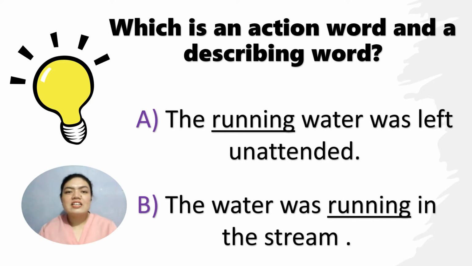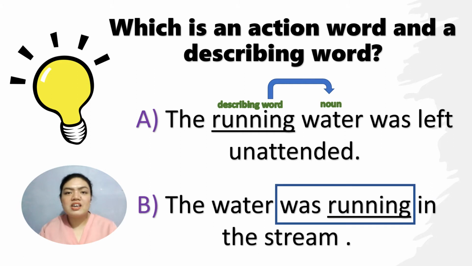Very good. Sentence A is a describing word because running there describes the noun water, while sentence B definitely functions as a verb, together with running is the helping verb was. I hope you have understood how verbals work in sentences.